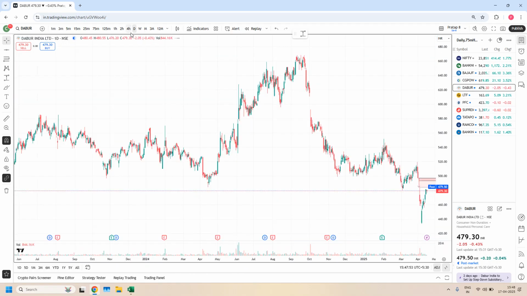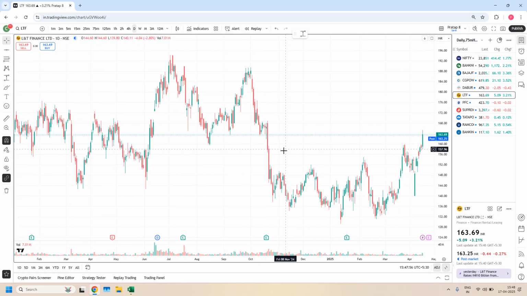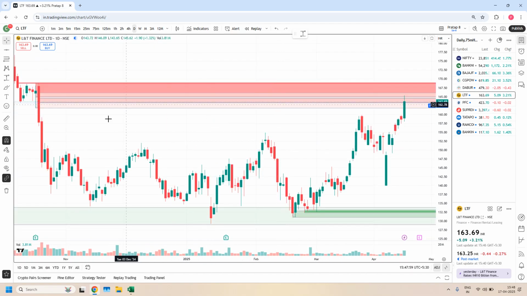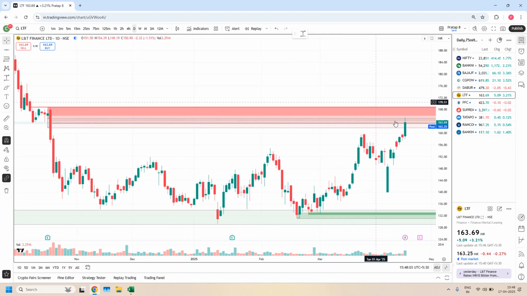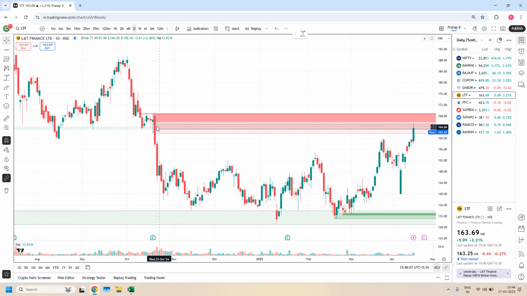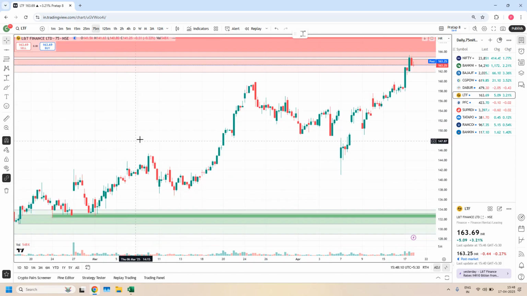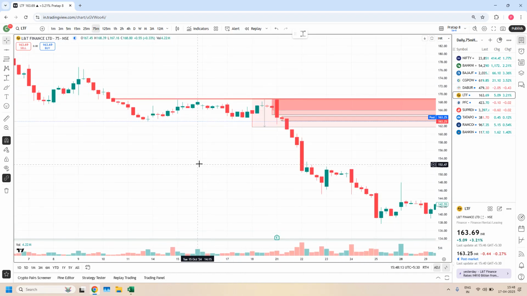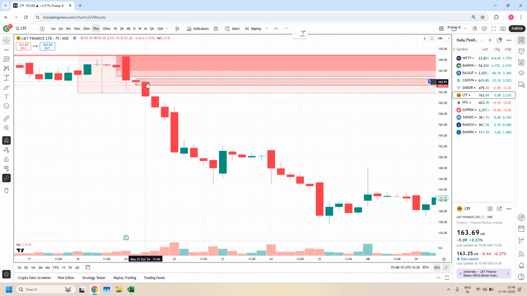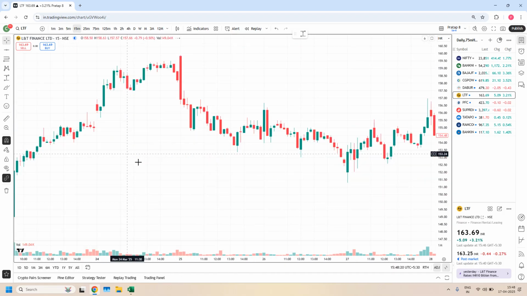And L&T Finance, yesterday we discussed it. Previously we analyzed this stock. I told you here one LTF was our trade plan, but today price did not enter. Also in this zone we previously drew a 75-minute zone. I didn't fine tune it because this drop structure is not good on the 15 minutes time frame.